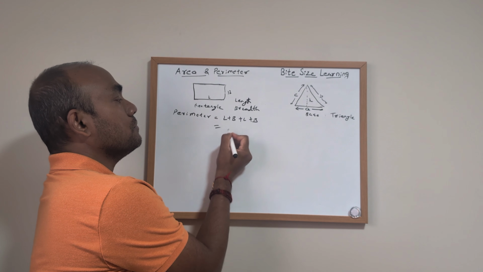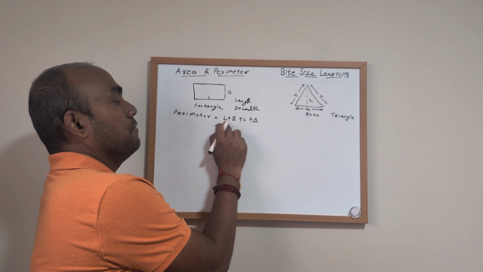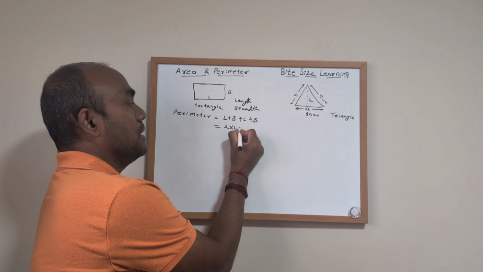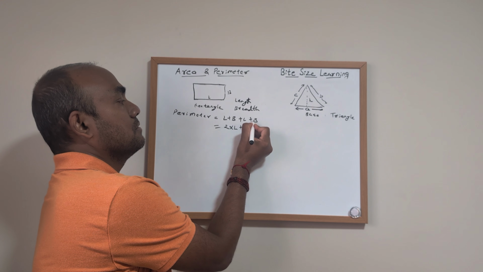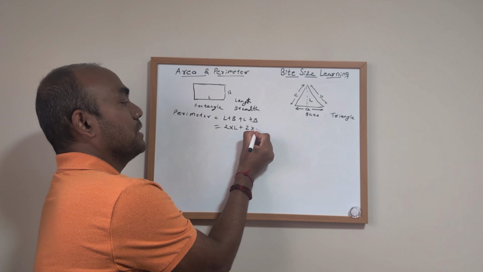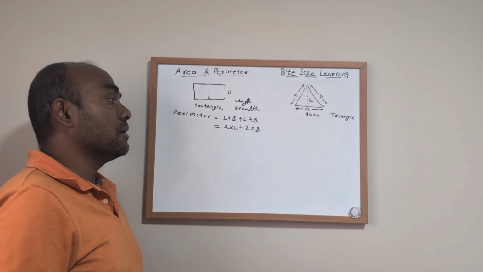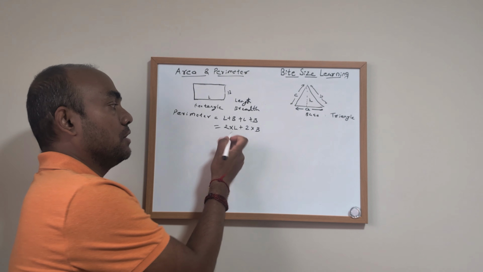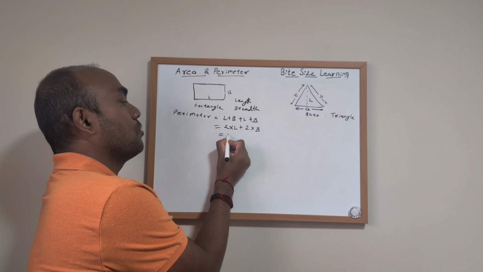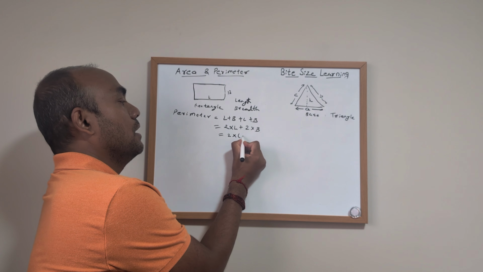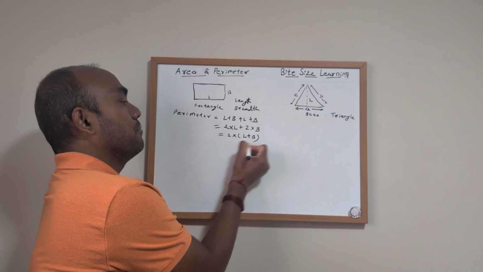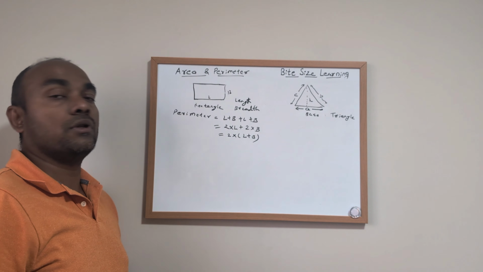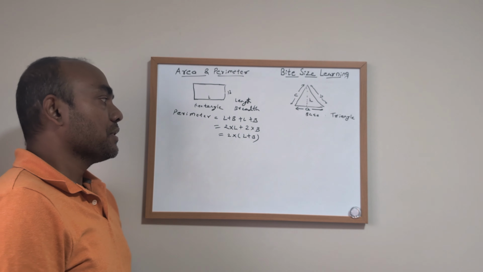Now you have length plus length, which will be 2 times length, plus breadth plus breadth, which is 2 times breadth, right? I'm just simplifying how you do the calculation. If you take this 2 common and put length plus breadth in a bracket, it is the equivalent equation.